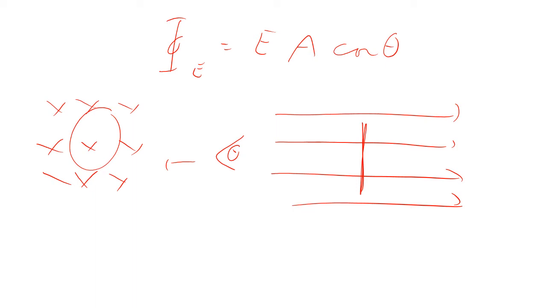Now, if I tilt it by some angle theta, we look at this, and we've seen something like that before. We saw that in chapter 3 when we talked about vector dot products. So that would suggest that the flux is going to be some E dot A.